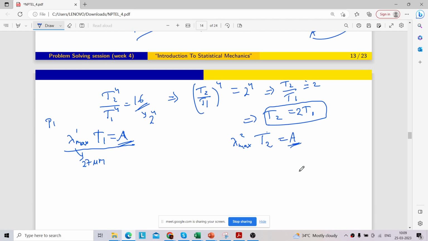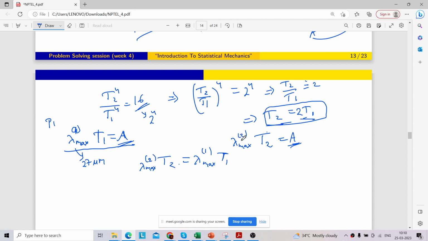As the right hand sides are equal, I can equate these two equations, right? So lambda 2 max T2, don't confuse it, this is 2, this is 1, will be equal to lambda 1 max T1. So I have the relation between T2 and T1.